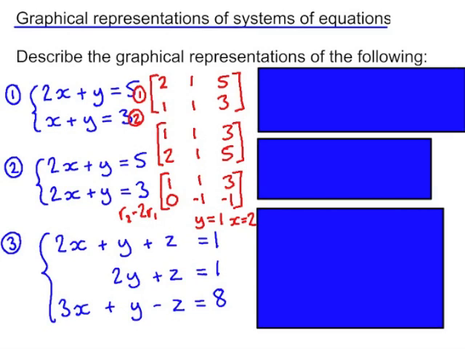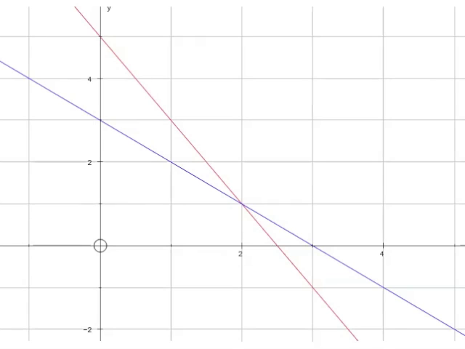Now let's think for a minute what that means graphically. These two equations are both linear and both represented by a line on the graph. Here are the two lines. The red line is 2x plus y equals 5 with its intercepts at (0, 5) and (2.5, 0), and the blue line is x plus y equals 3 with its intercepts at (3, 0) and (0, 3).